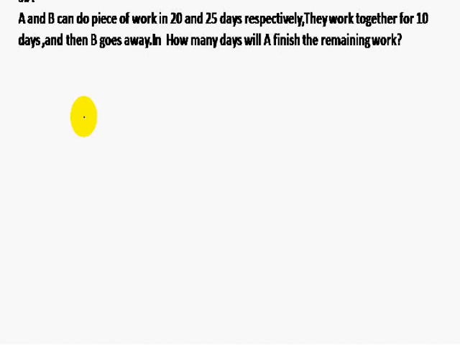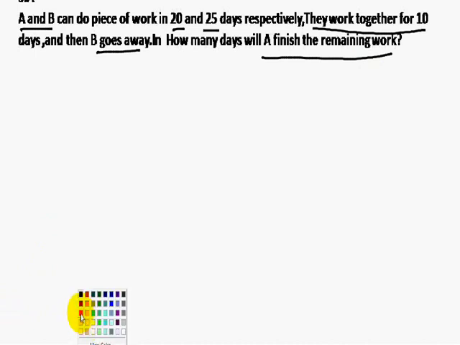So here the problem is somewhat typical. A and B can do a piece of work in 20 and 25 days. They work together for 10 days. Then B goes away. How many days will A take to finish the remaining work? Before that we have to understand some concept. A can complete a work in 20 days.